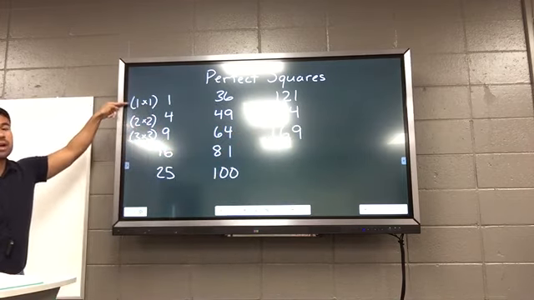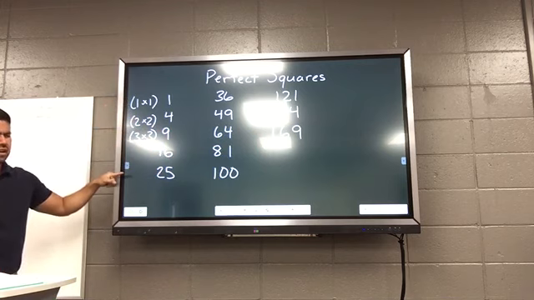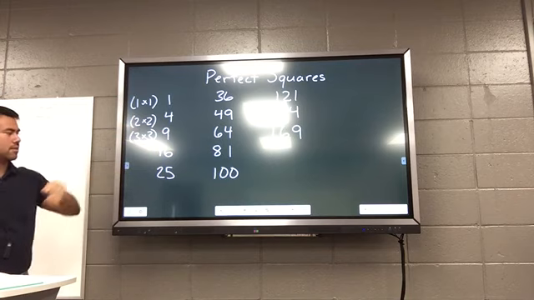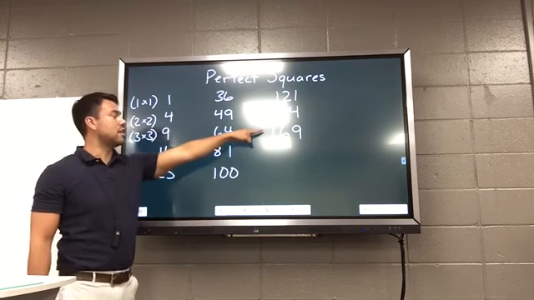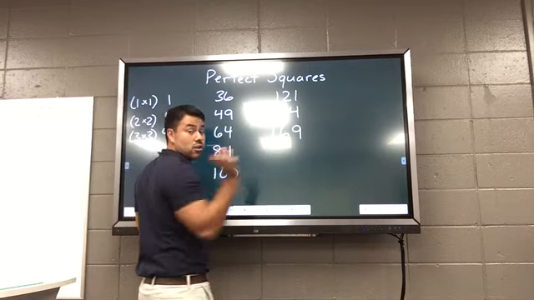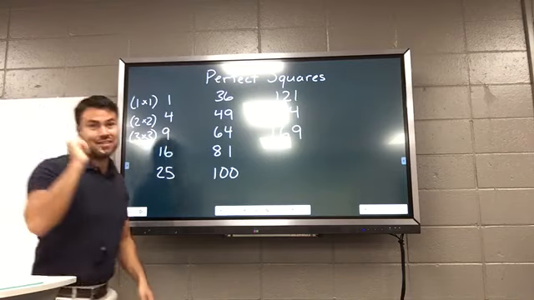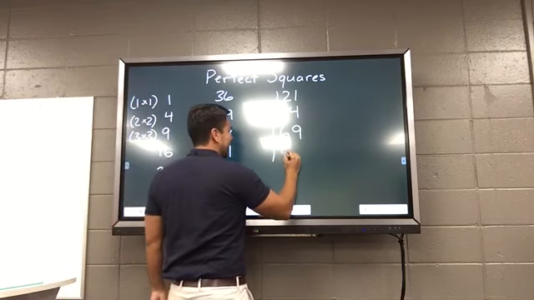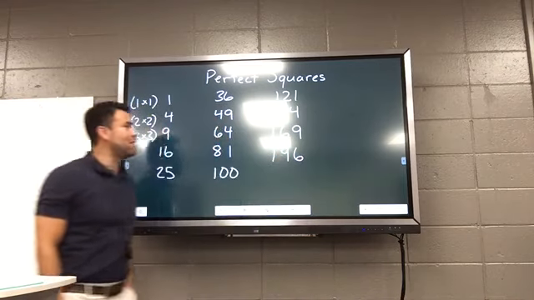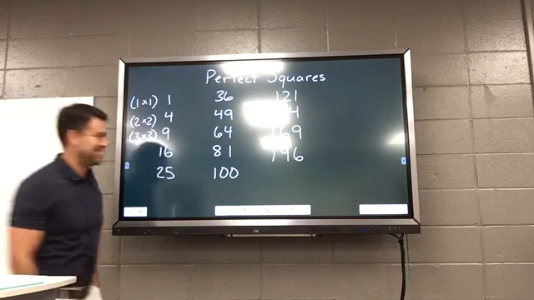You do not have to write these down unless you don't know them. Like 25, if you need to write 5 times 5, write it. That's for you. If you didn't know 169 is 13 times 13, you should probably write that down. Anyone know the next one? What's 14 times 14? 196. Oh, 196 is correct. 15 times 15. That's all right.